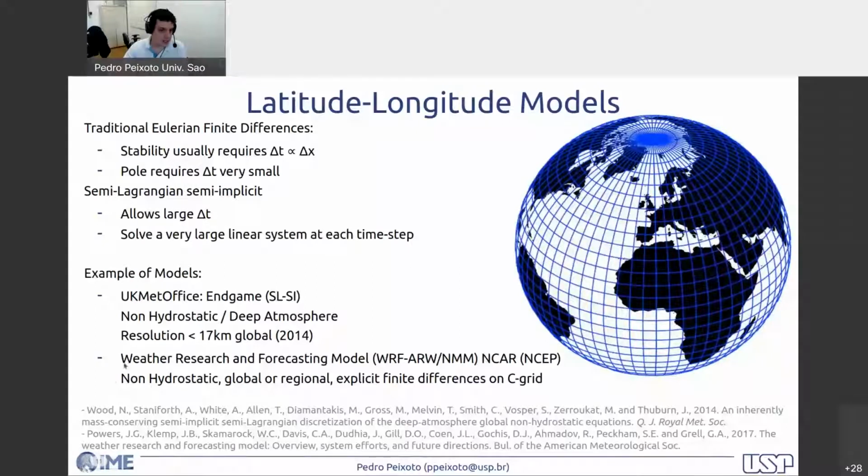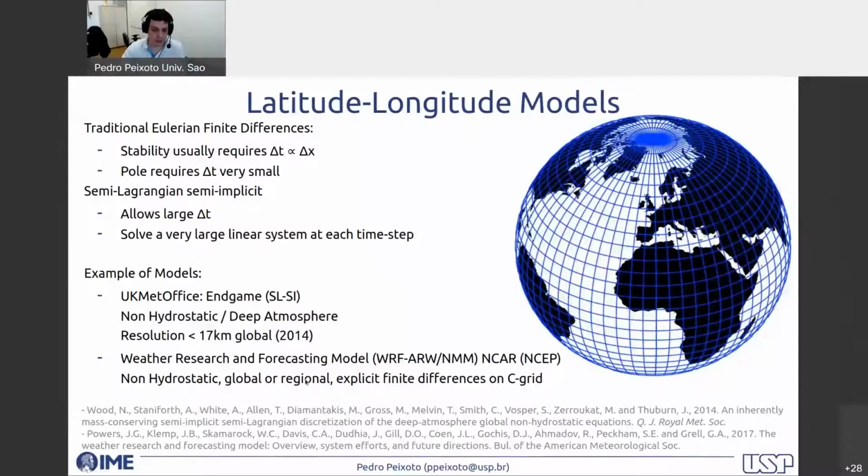On the side, you have the WRF model, which I think part of this community is pretty familiar with. The WRF model uses explicit finite difference on a C grid, where you put the velocities on the edges of the cells and you put mass in the center of the cell. WRF is a really good model if you want to do it on a regional scale, because you don't have the pole problem.